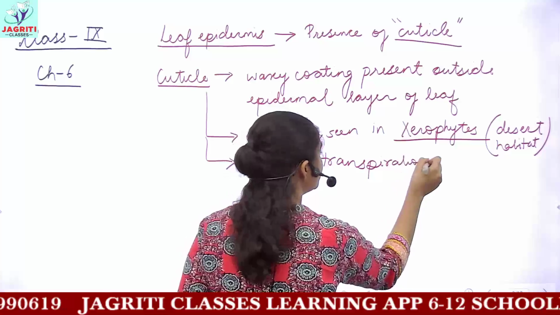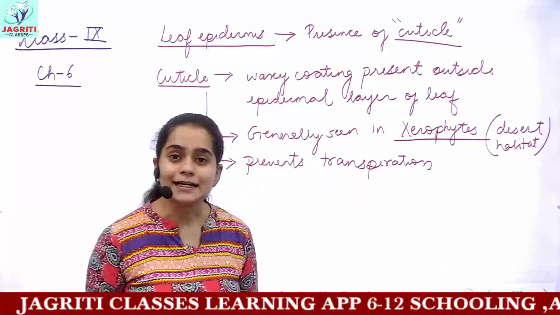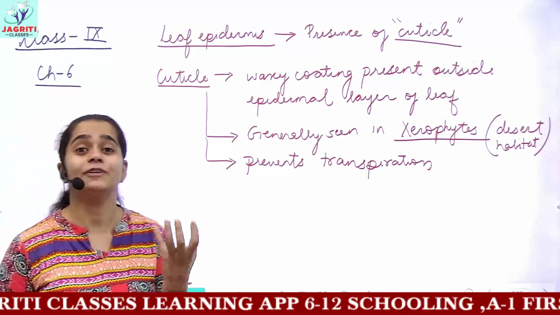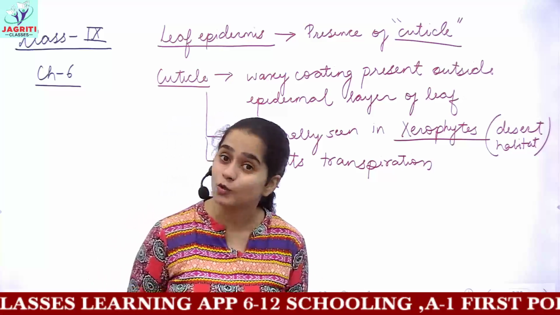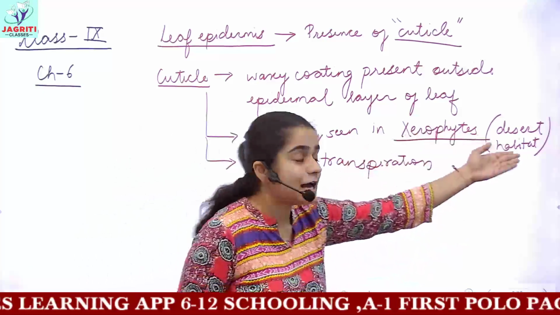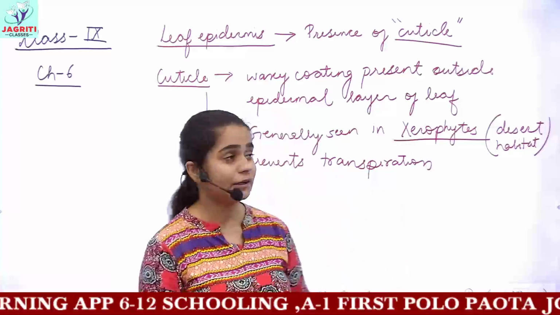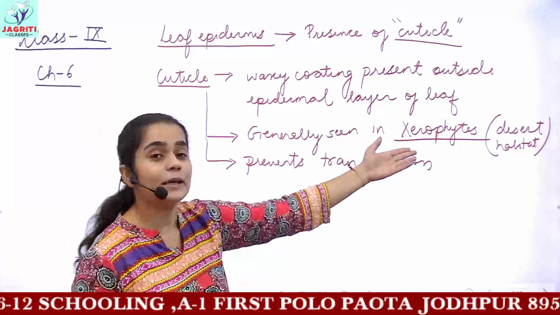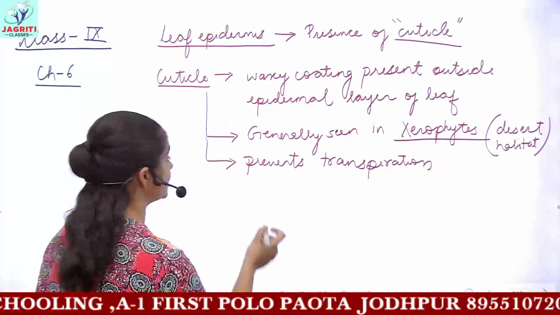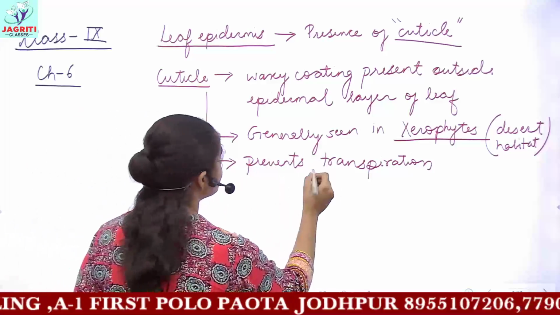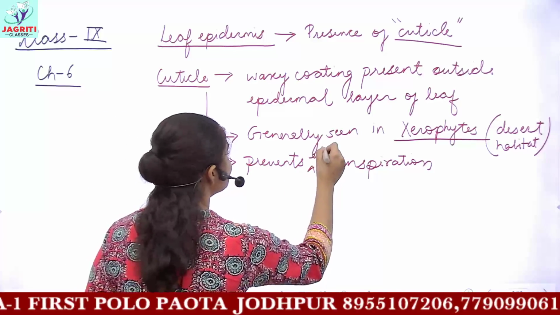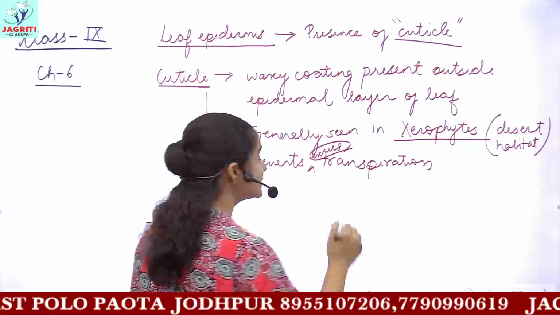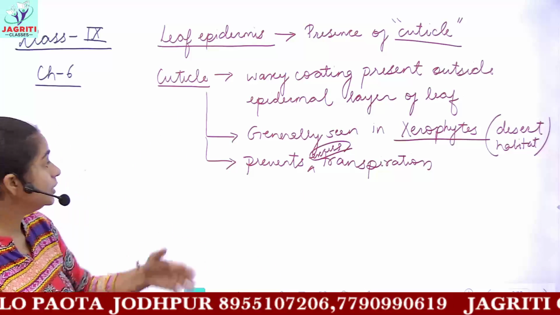Because as we all know, in deserts or in dry conditions, water is available in a very limited quantity. So if these plants which get minimum amount of water show transpiration in excess amount, then they will not be able to survive in that harsh condition. So cuticle actually prevents excess transpiration, that is, high amount of transpiration.